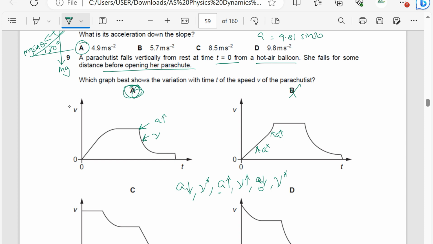The acceleration is in the opposite direction. With time, the change in velocity is becoming almost constant. So again, we are reaching terminal velocity when the parachute is now opened. Again, air resistance is equal to the weight, so the speed remains constant again. So the answer is automatically A.